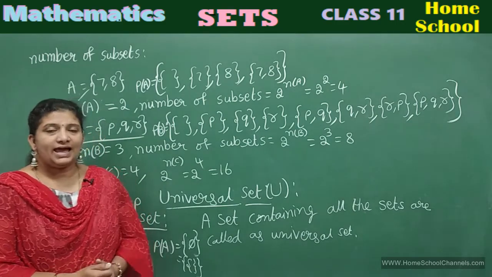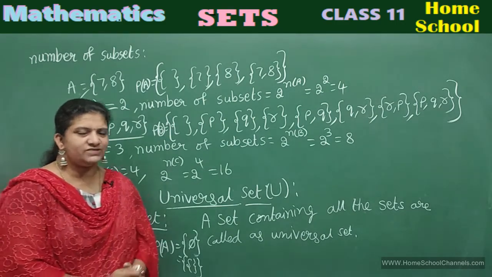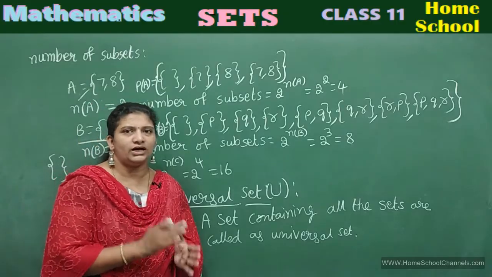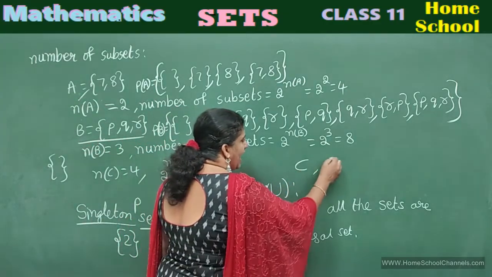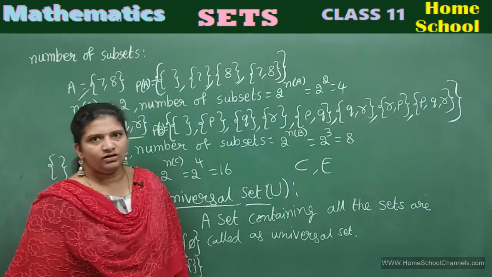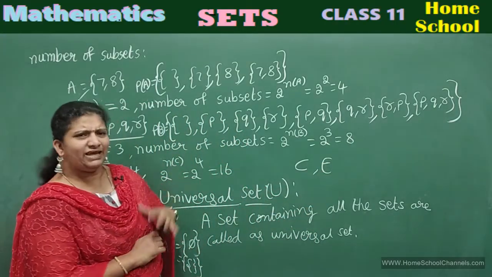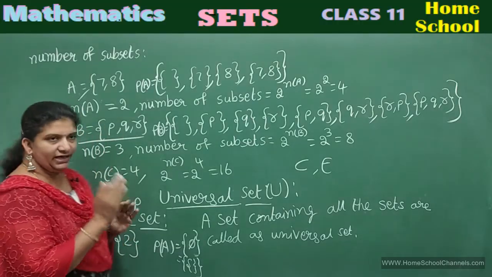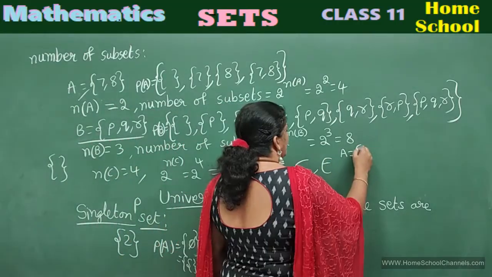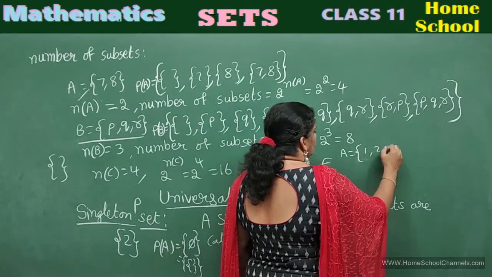And one more point I would like to discuss, where most of you get confused in the exam. That is subset and belongs to. Let us take one example. A is equal to 1, 2, 3, 4.